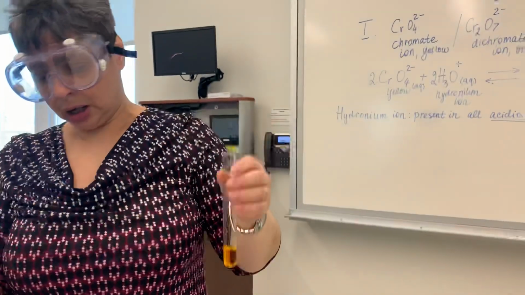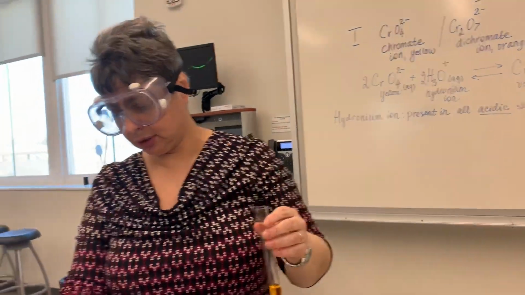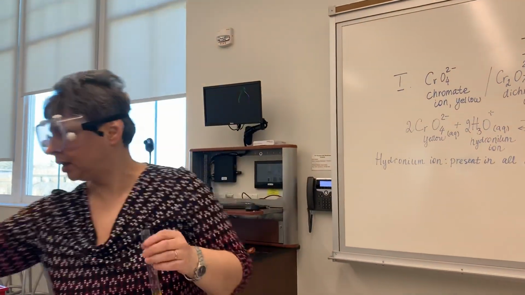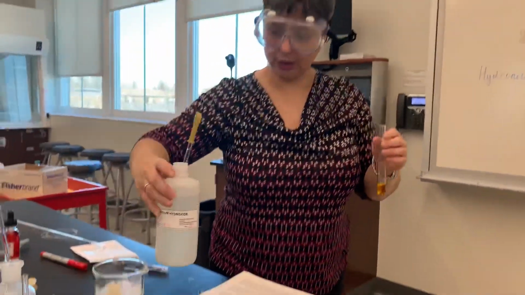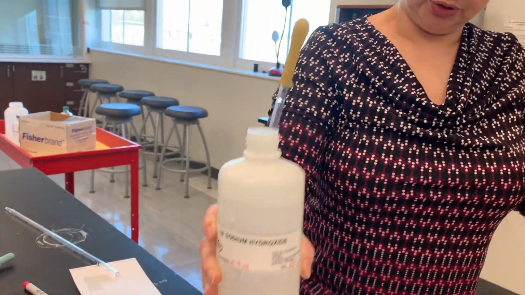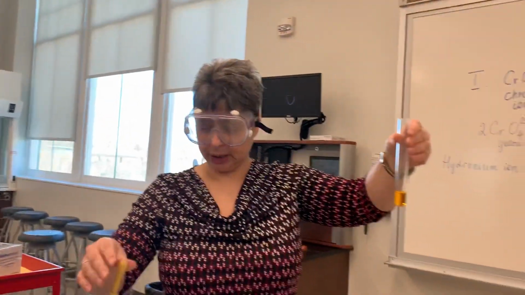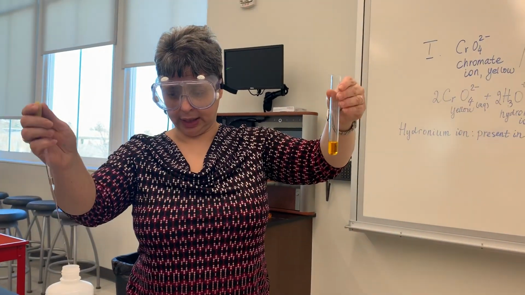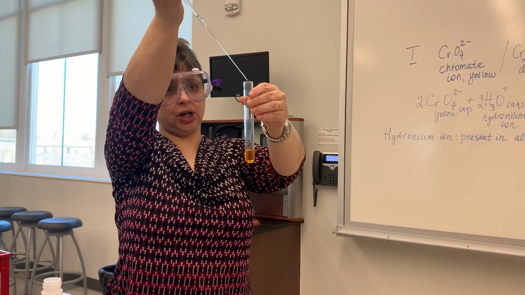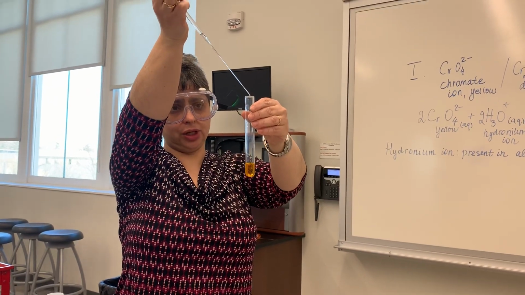Now on step 3 on page 121, it directs us to start adding 1 molar sodium hydroxide, which I have right here. We're going to see what happens when we start adding. We'll add 1 drop at a time, and then we'll discuss any changes that we notice and why those changes are happening.